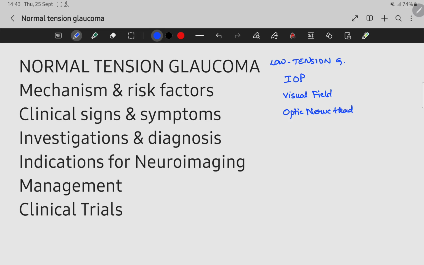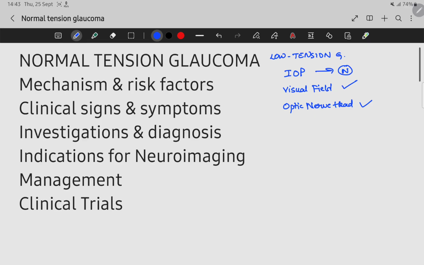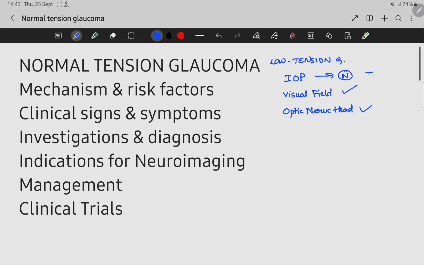But here we have visual field changes and optic nerve head changes, but the IOP is normal, consistently equal to or less than 21 mm of Hg, and there should be no other identifiable cause. So this is the definition of normal tension glaucoma.